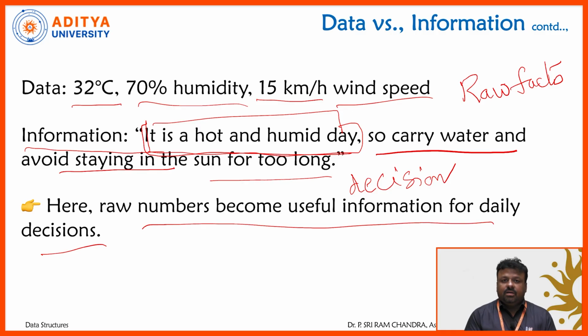By processing them, we got the information that it is a hot and humid day. With that, the decision we made is carrying a water bottle and avoiding staying in the sun for a long time. That is the correlation between data and information.